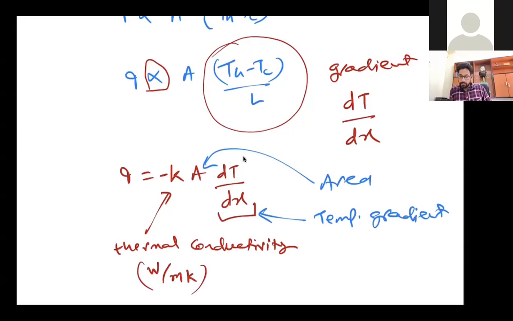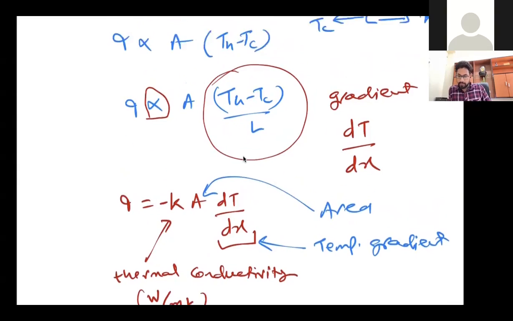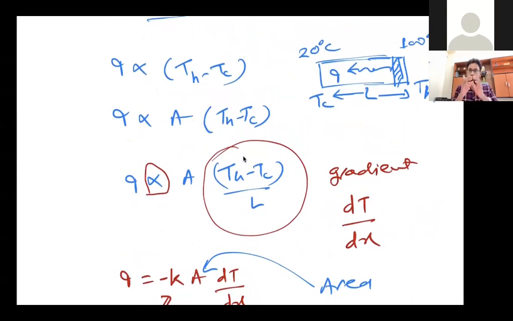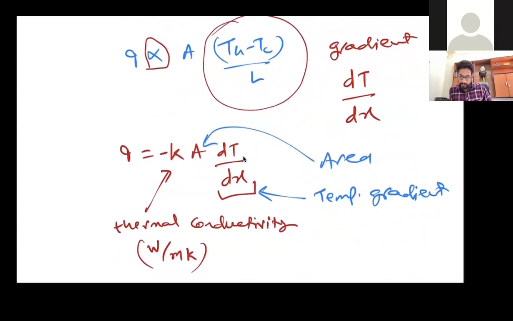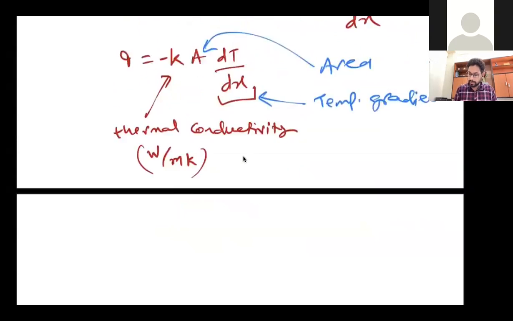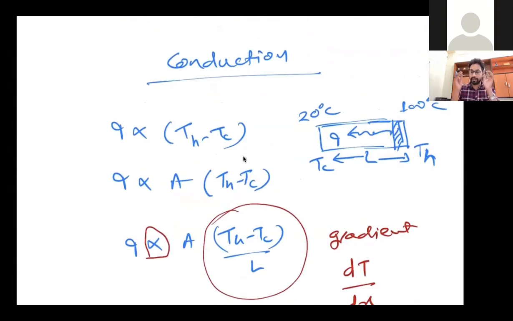So this is a very simple example where we considered just one block of solid with high temperature at one end and low temperature at the other end, and this is a simple heat transfer model. But what happens if, in this example, we assumed that these two ends are at these temperatures from the beginning?